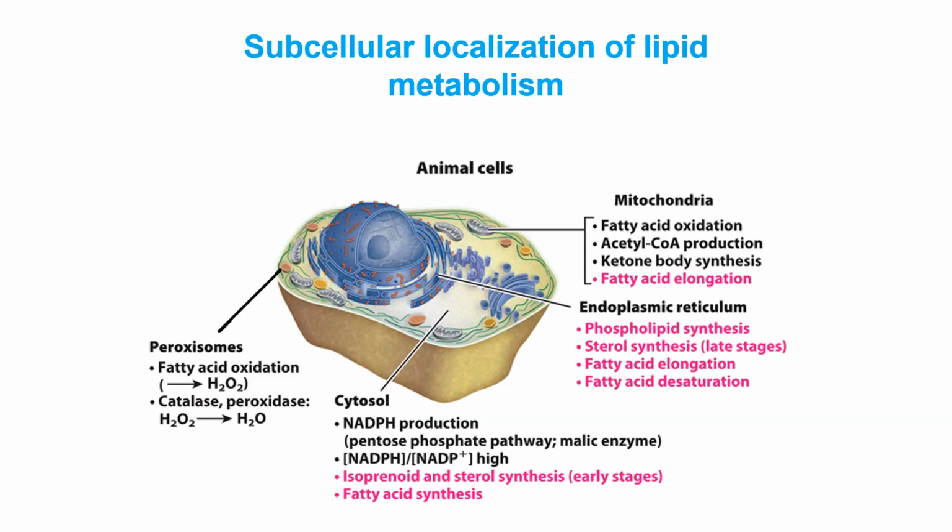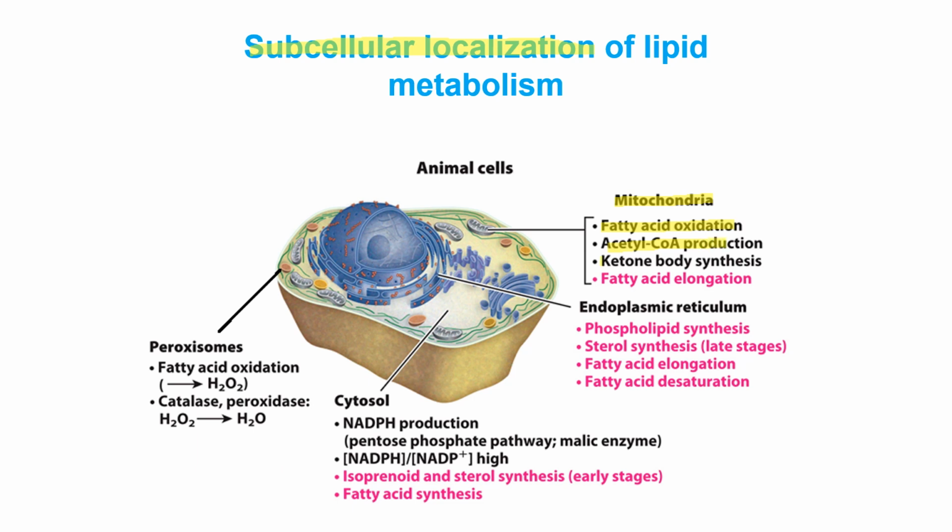Next up is subcellular localization of lipid metabolism. In simple words, inside the cell where the different pathways of lipid metabolism are happening. So in the mitochondria, we saw in the previous slide as well, fatty acid oxidation or the breakdown happens. Acetyl-CoA production also happens in the mitochondria.